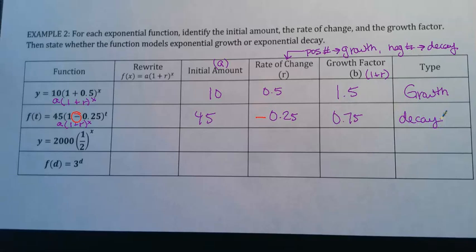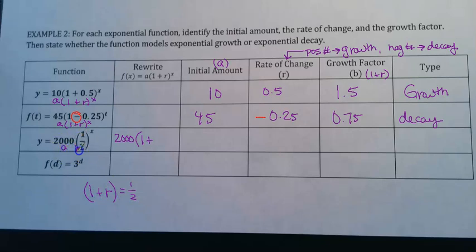Okay, this one we have y equals 2,000 times the quantity 1/2 to the power of x. So this one is not written in this form. So that's one we could rewrite. So it's 2,000 times the quantity 1 plus. Okay, so here's the thing. 1 plus r has to equal 1/2 because that's what we've got in there for our b, right?